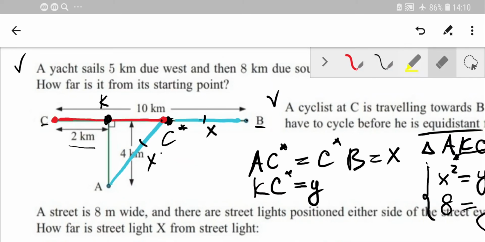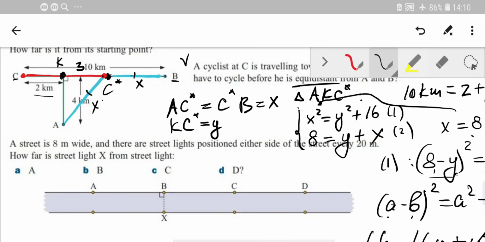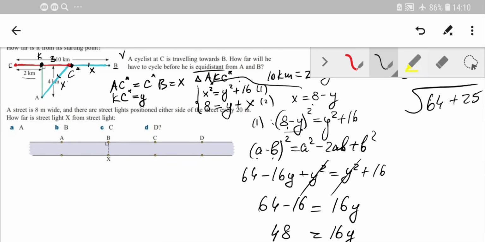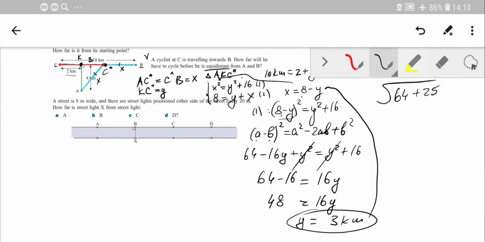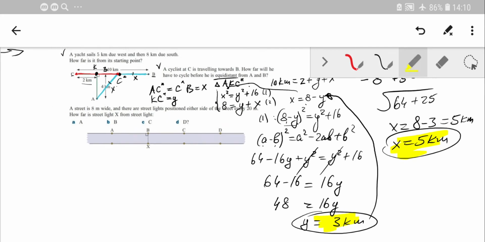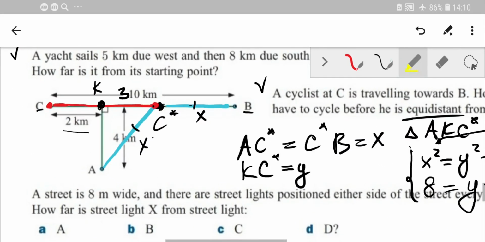Now in order to calculate x, we can put it back into the system, for example here, and we know that x is 8 minus 3, which is 5 km. So x is 5 km. So we found both of them.